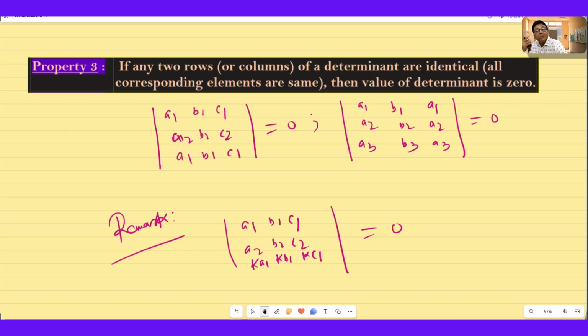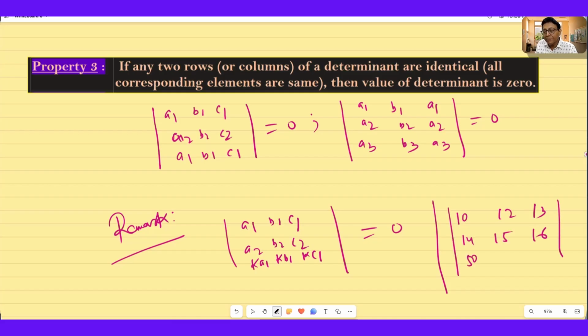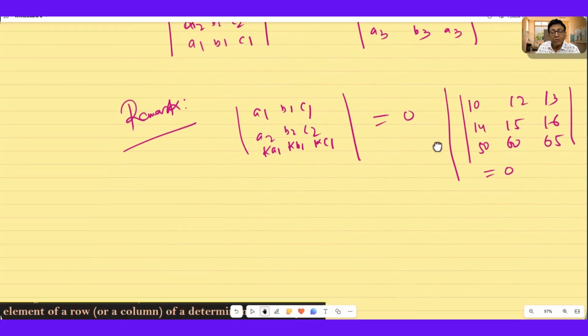So if elements of one row are a scalar multiple of the other row, I mean, if you have a determinant like this, suppose say 10, 12, 13, 14, 15, 16, and this one say 50, 60, 65. So these elements are a scalar multiple of this, the value will definitely be 0. And when you are answering objective questions, you put simply the value equal to 0.